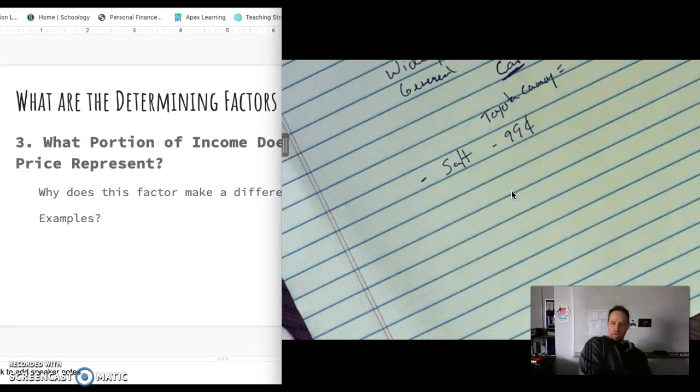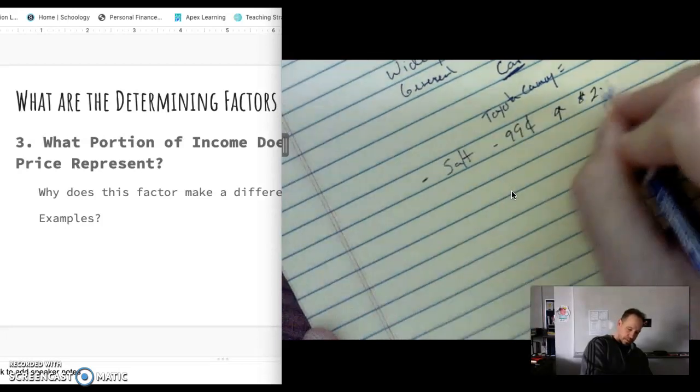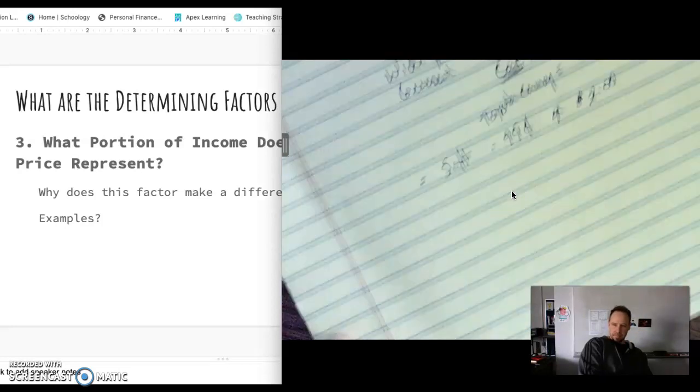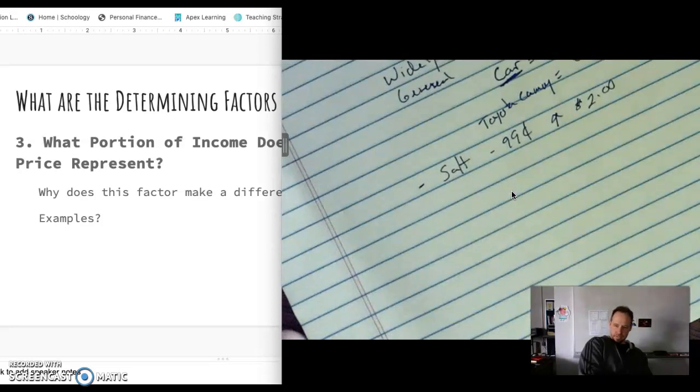So if salt were to increase in price by 100%, going from 99 cents up to $2, and I went to the store looking for salt, I am probably not going to bat an eye. I'm just going to get the salt. I need the salt, and it is not going to impact my demand.